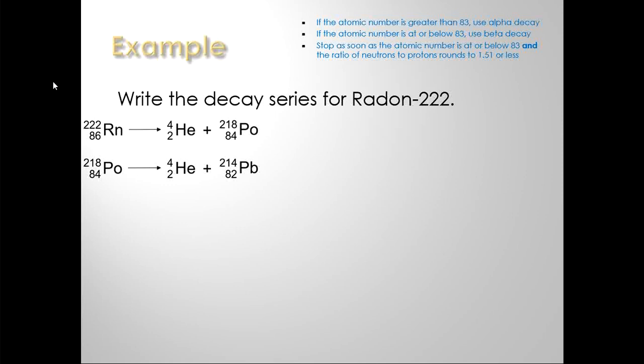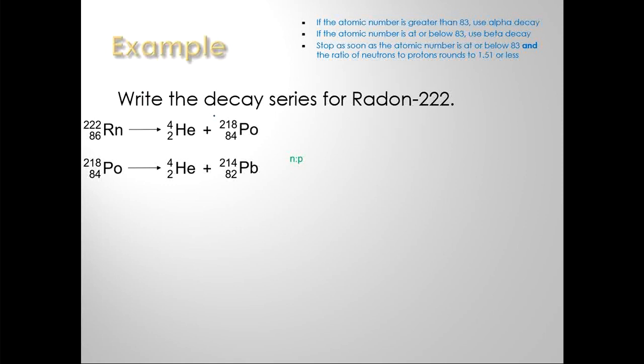So here you need to pause at each step, and you need to ask yourself, is this number at 83? Is it greater? Is it below? Okay, so here we have 82. It's below 83. So take a look at the third bullet point on the top right of your screen. We need to pause here and figure out our neutron to proton ratio.